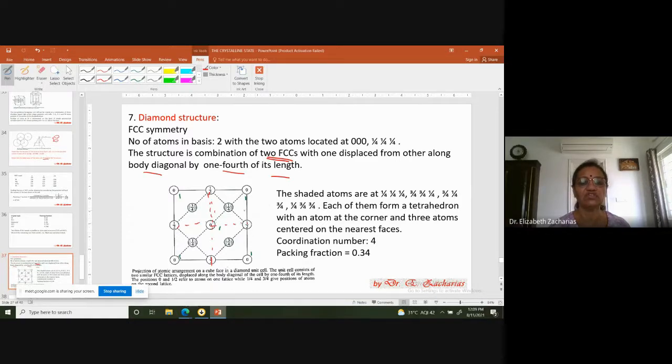Then at a distance of a quarter from the base, you're going to have this and this in the opposite cubes. Or better still, you imagine your cube to be divided into 8 equal portions, so there are 8 little cubes.